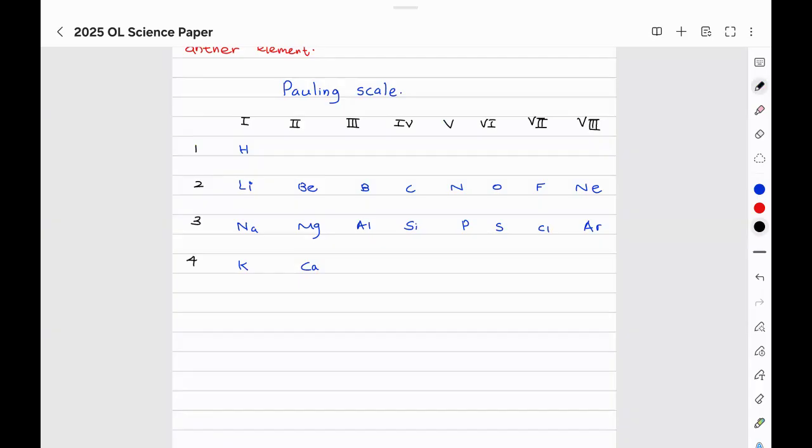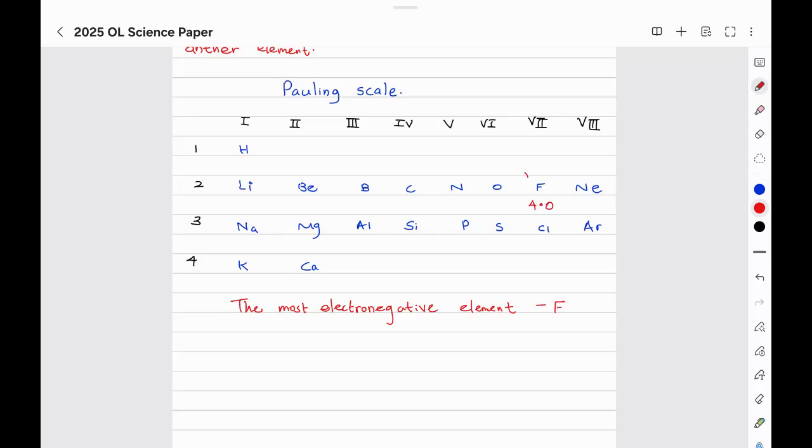The most electronegative element is what? Fluorine. The most electronegative element is fluorine, and its value is 4.0. Now it's easy.